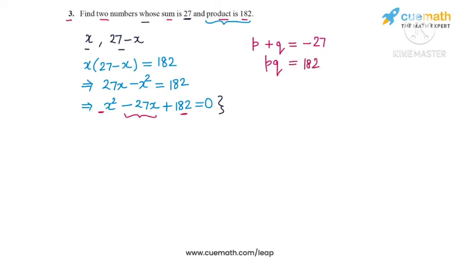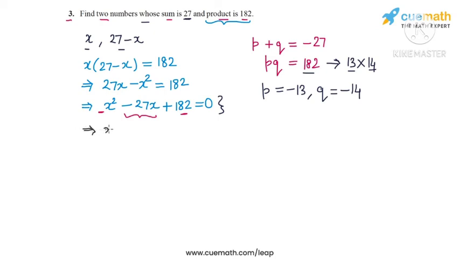Now to find these numbers, you will have to think a little bit about what factors 182 has. So 182 can be written as 13 times 14, and we can see that 13 plus 14 is equal to 27. So the two numbers which we need to split the middle term are minus 13 and minus 14.